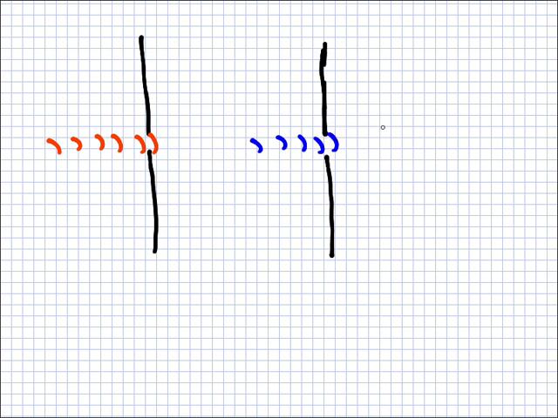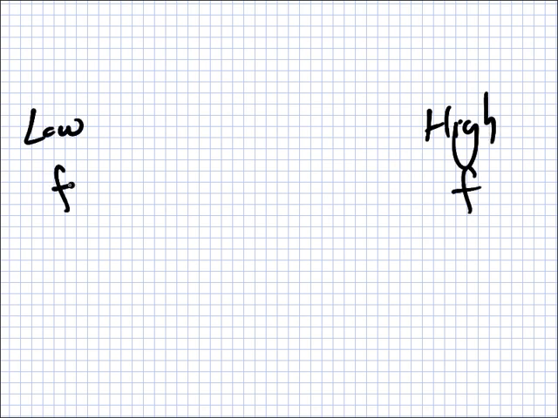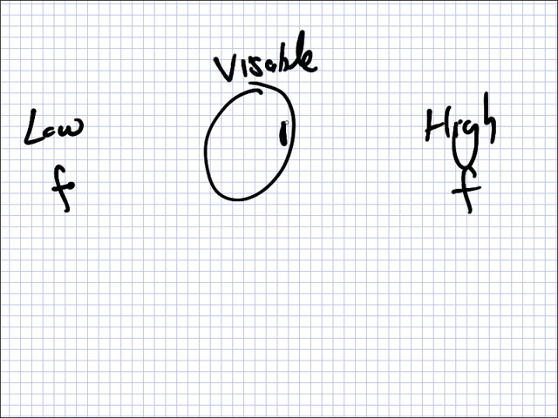It'll be helpful to know the wavelength. So if we think about, do you remember this picture here? High frequency, low frequency. Yeah. And in the middle you had visible. Yes. And you had red, orange, yellow, green, blue, indigo, violet.